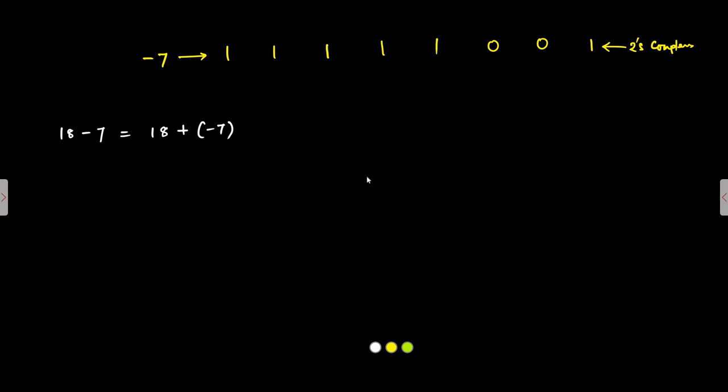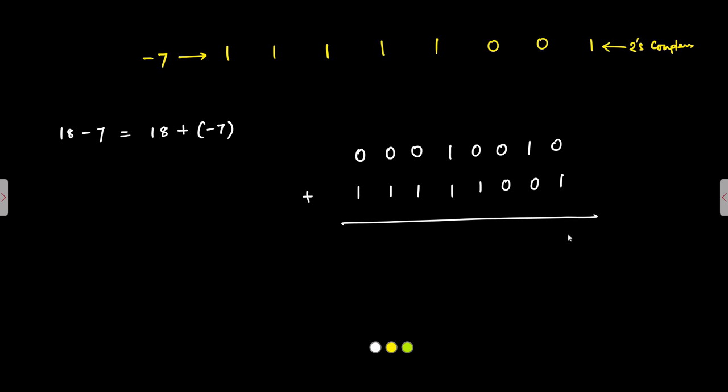So first we have 18, which is 0 0 0 1 0 0 1 0. Okay, this is 18, and minus 7 in 2's complement form, which we calculated, is 5 ones, then 0 0 1.